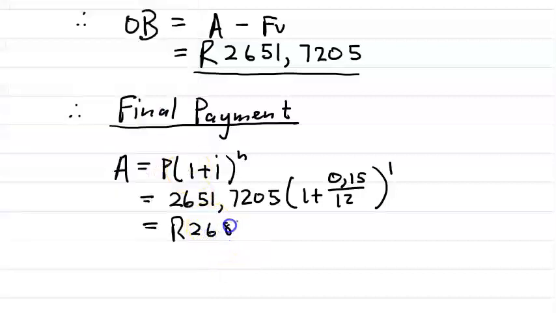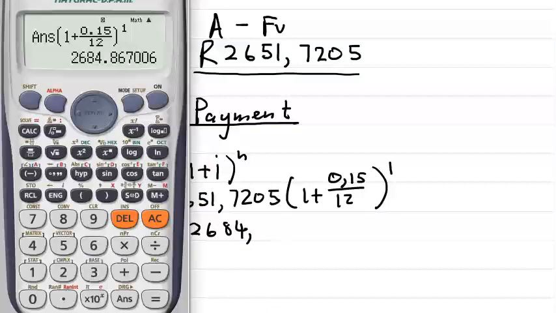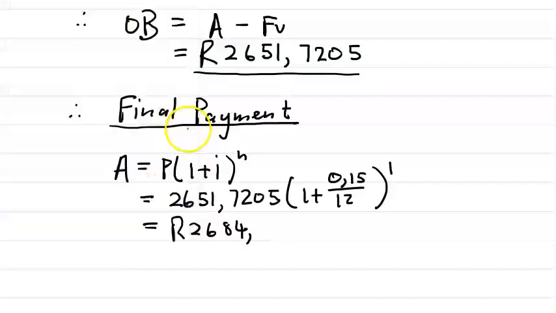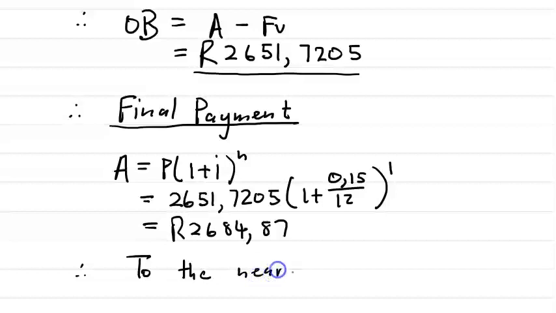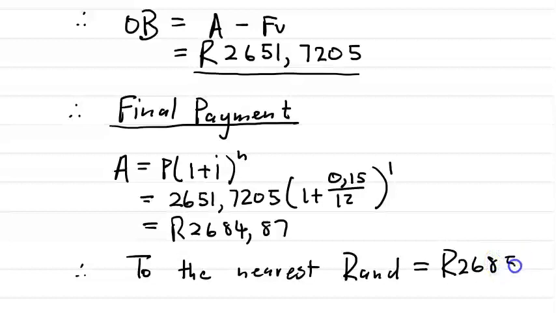Therefore, to the nearest rand, that equals 2,685. So that will be the final payment to the nearest rand.